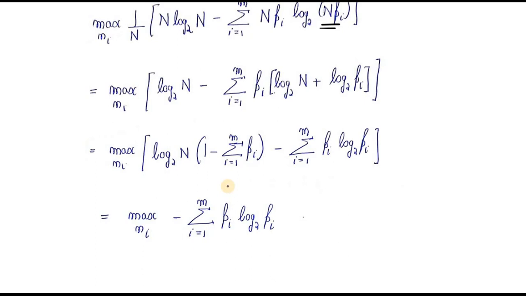So we take these two terms, log base 2 n and this term, and take log base 2 n common out of it, we get something like this, and we multiply p_i with log to the base 2 p_i, negative sign will come of course, and since we know that summation of p_i is equivalent to 1, this entire term becomes 0, so eventually log to the base 2 n gets cancelled and we get the negative term with summation p_i log to the base 2 p_i over here.